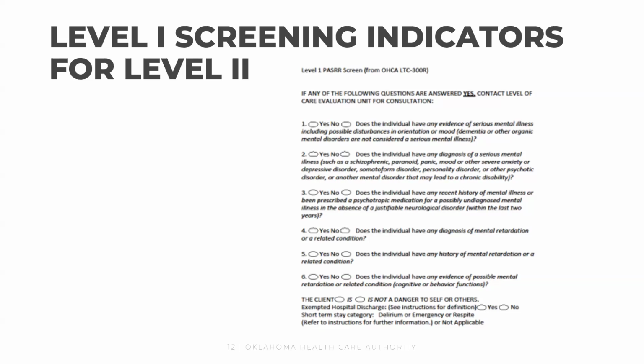And we're going to go into the definitions of those in just a little bit. Do they have a history of an intellectual disability or related condition? And do they have any evidence? So that would be IQ testing, documentation, something like that, of an intellectual disability or related condition.